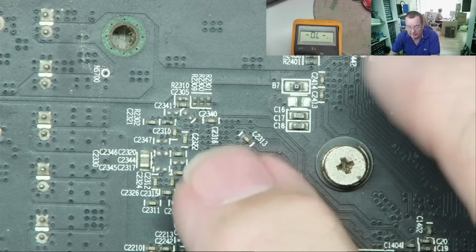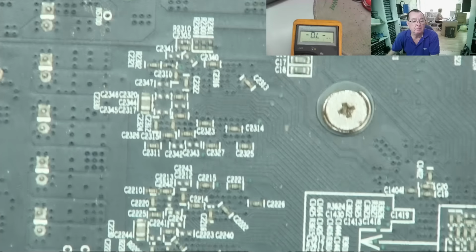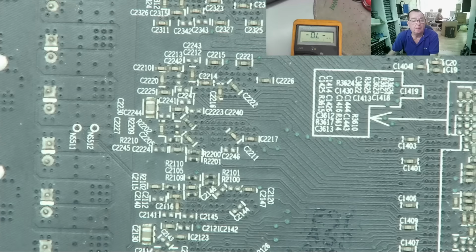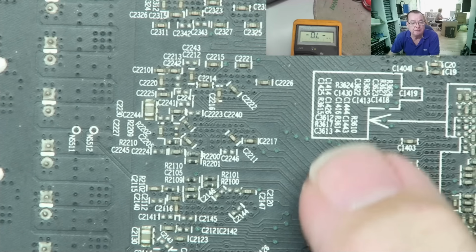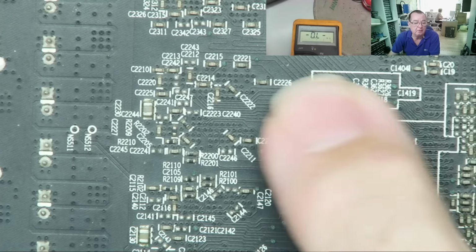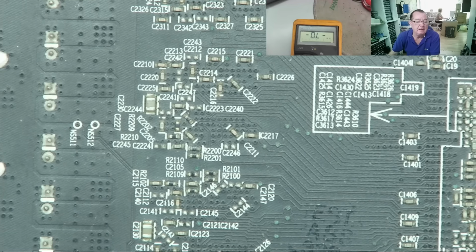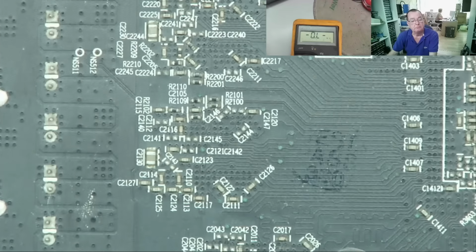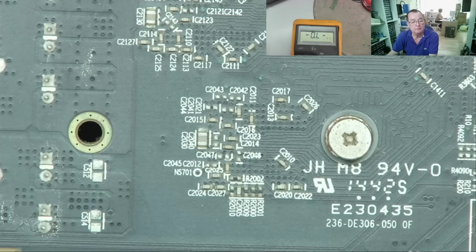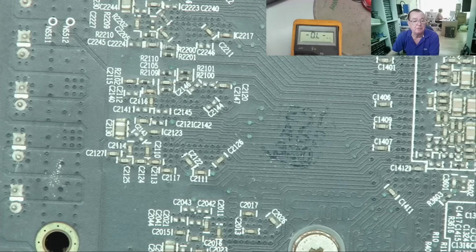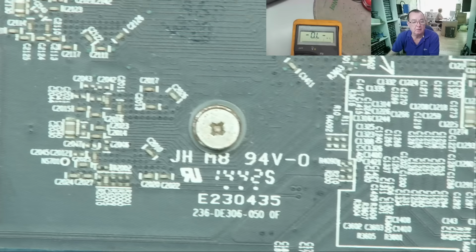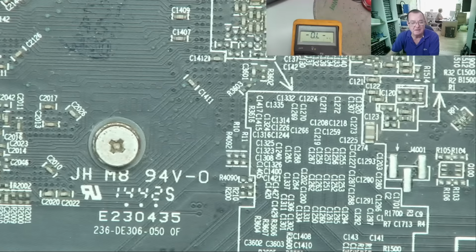Again, I'm seeing a little bit of corrosion, especially in these vias. There, this green effect. That could be part of the problem, but to be quite honest, it's very difficult to clean off. And I'm not convinced at the moment that is the problem.